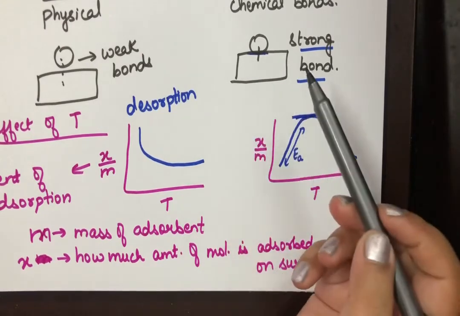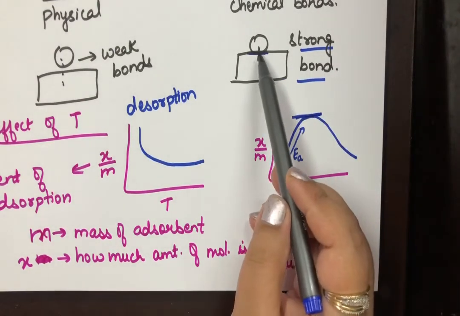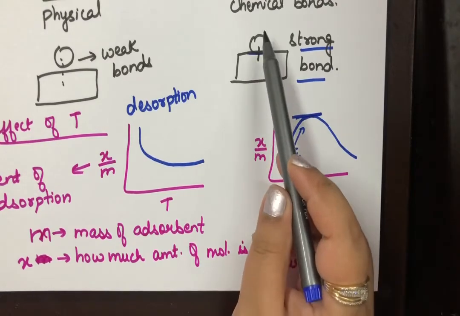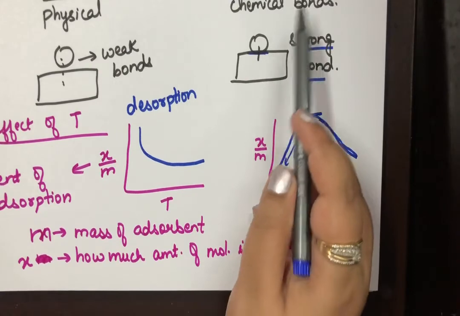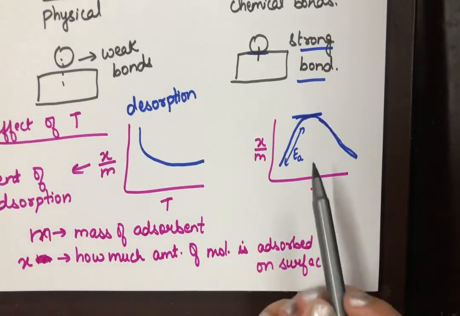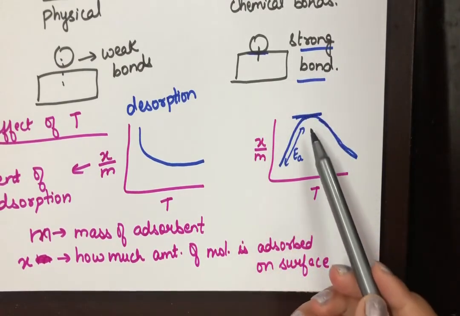That much energy that you were providing in the form of temperature was being utilized in overcoming the activation energy here. So the moment the activation energy was overcome, after that it started decreasing because now the molecule was free to move away.